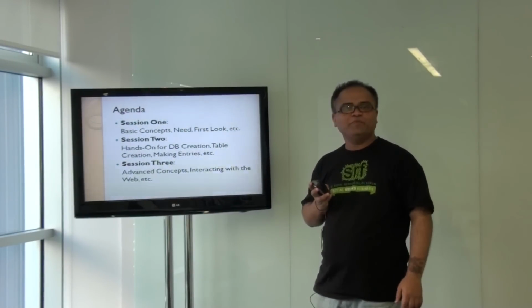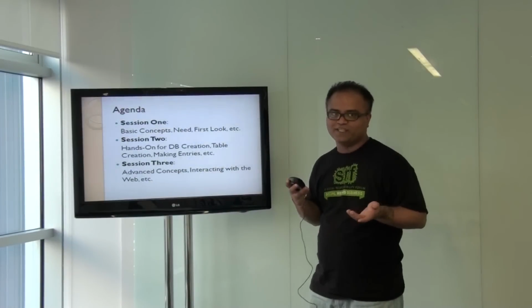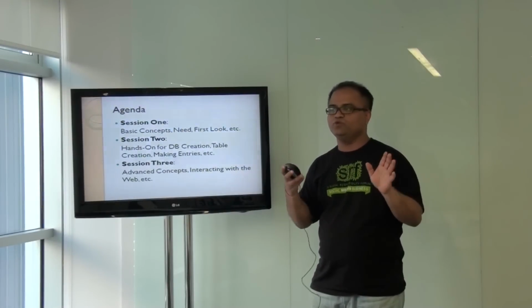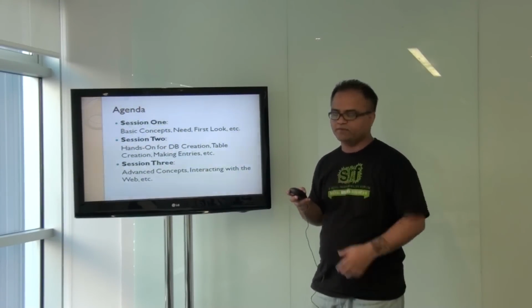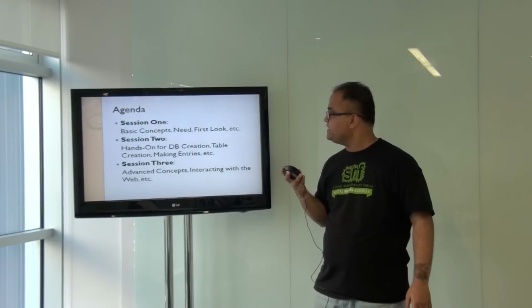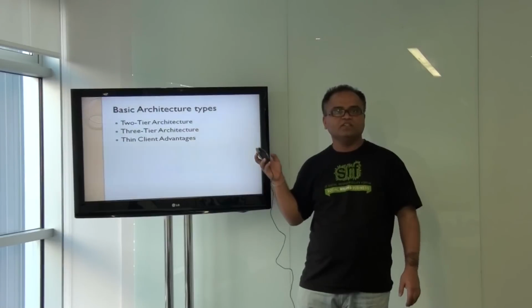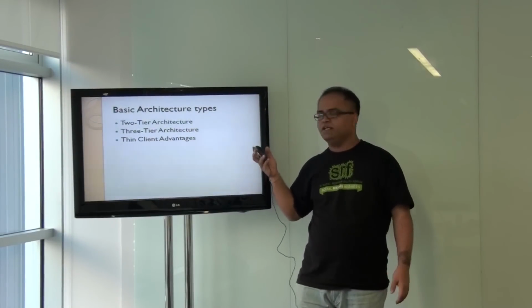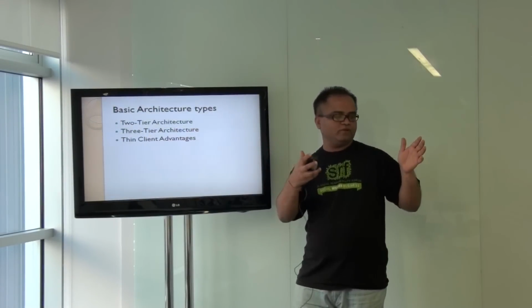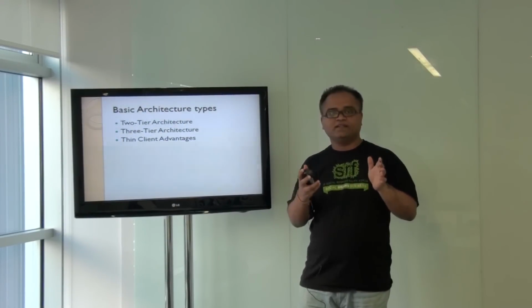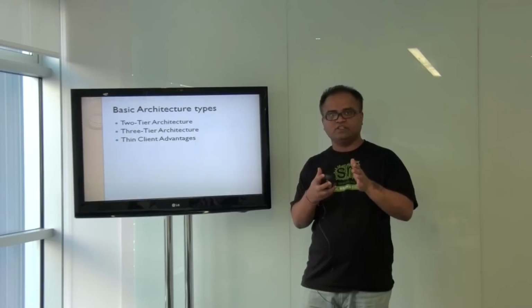Okay. Let me first, because I'm trying to sell you the database, let us first assume that you are now working with a file, and then we will continue. Before going to that, this is a brief overview of basic architectures. So, in case you don't know, when it comes to web-based or app-based technology or software, it is divided into layers or tiers.